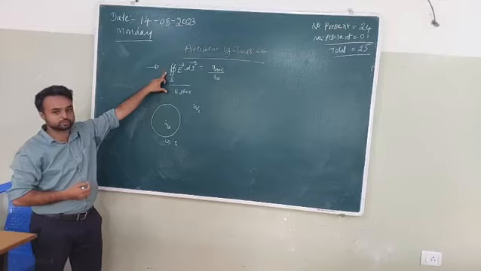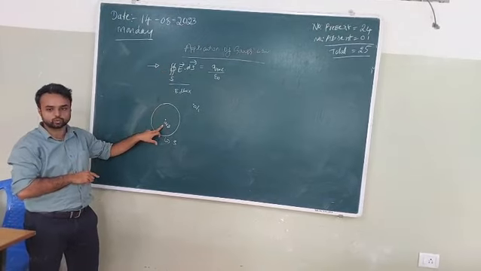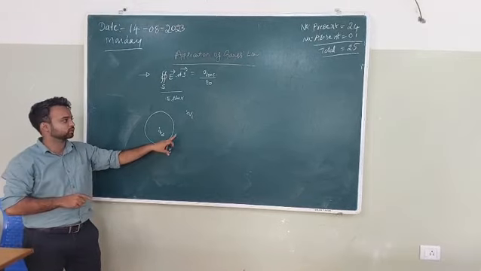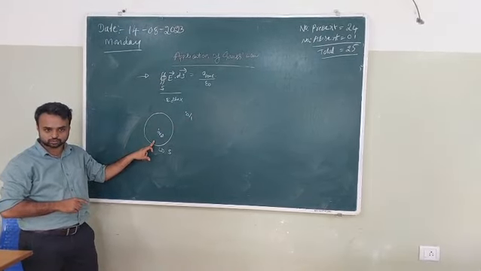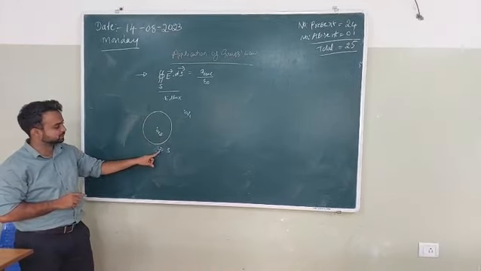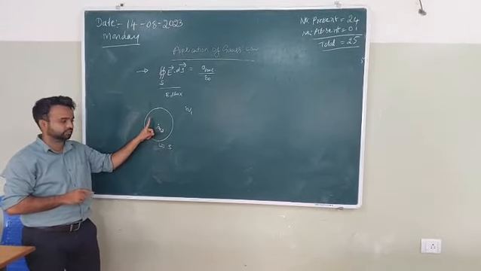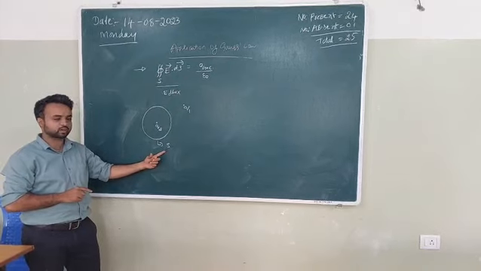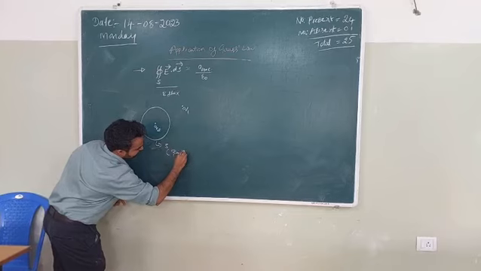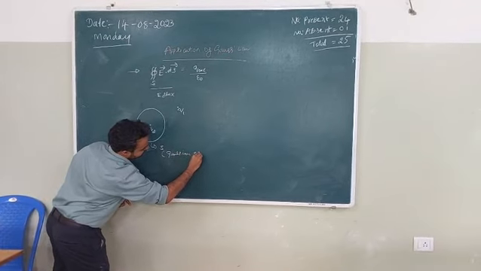Therefore, Gauss law will be applicable for Q2 only and not for Q1, because this surface does not enclose Q1 but encloses Q2. So we can apply Gauss law only for those charges which have been enclosed by a closed surface, which you usually call a Gaussian surface. This is called a Gaussian surface.